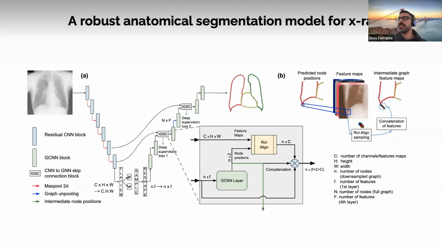But basically, this is a network that we call hybrid GNet because it goes from images to contours. So it's not a classic segmentation model at the pixel level. You are not going to enter an image and get a segmentation mask at the pixel level, but you enter an image and you get as a result a graph. And this graph will represent the anatomical structure you want to have.